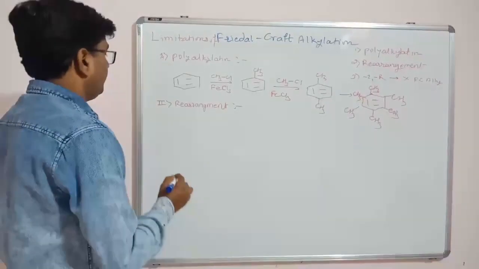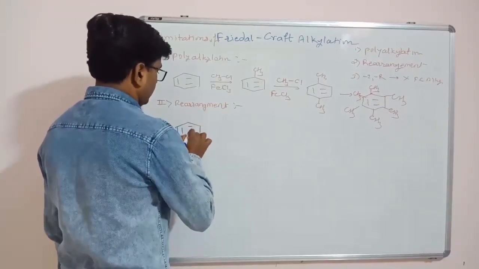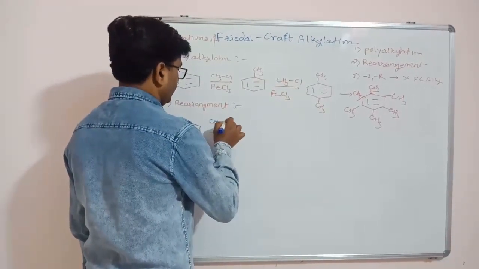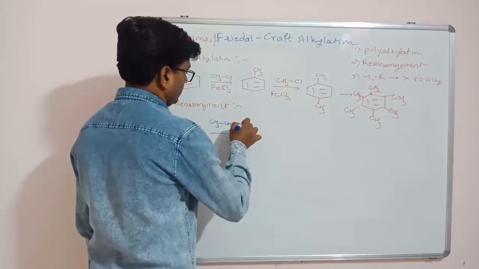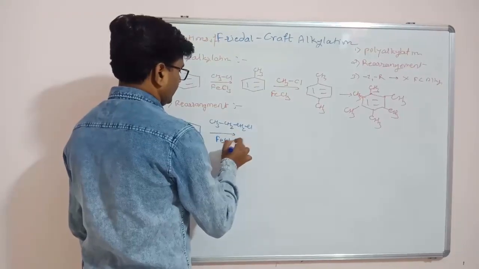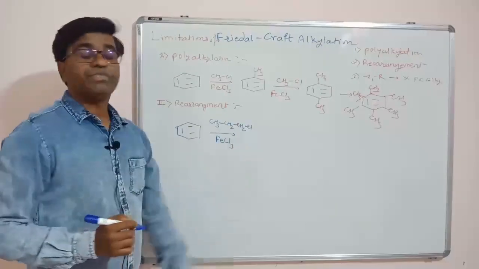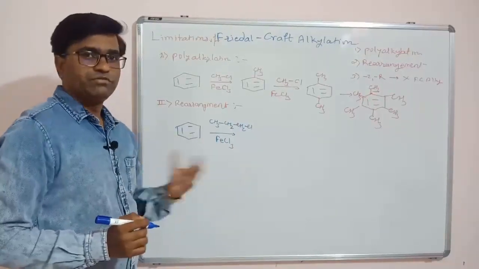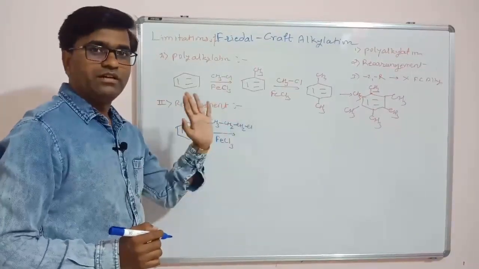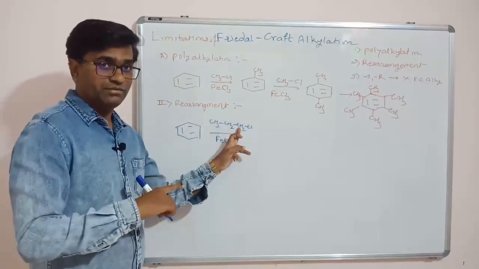Now suppose we have a benzene ring and our alkyl halide is propyl chloride, and our catalyst is FeCl3. So this is the alkyl halide, this is the catalyst, and this is our benzene. What we expect is that this benzene will react with this carbon, and Cl minus will leave. Always remember, where the halogen is, the benzene ring reacts with that carbon only.